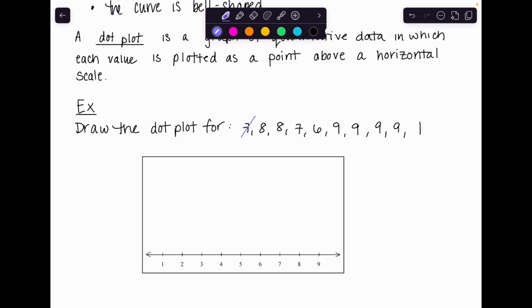So if I start with 7, I'm going to put a single dot above 7 to say, okay, I've got 1 7. Then I've got 2 8s, so I add 2 dots above 8. Another 7, 1 6. Then I've got 4 9s here. And then a single 1, okay?